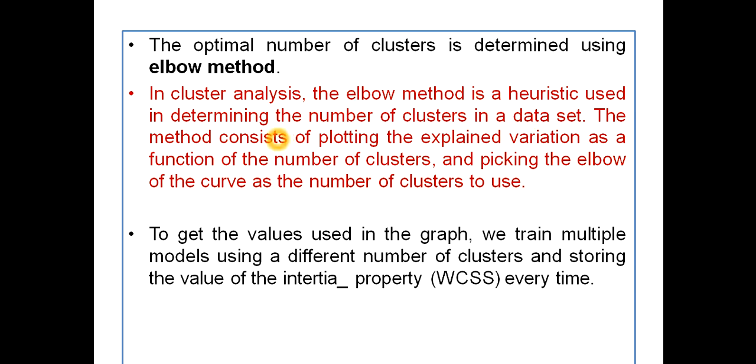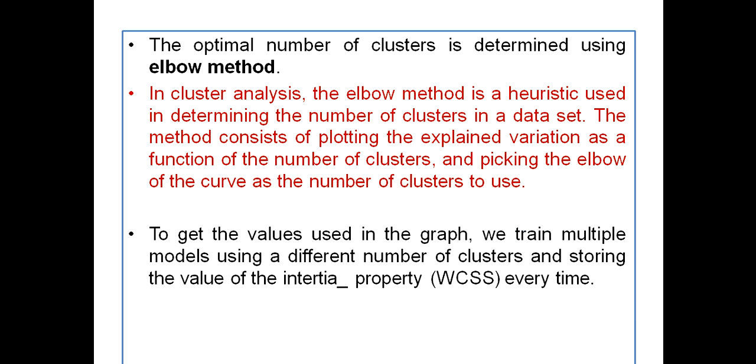This method consists of plotting the explained variation as a function of the number of clusters and picking the elbow of the curve as the number of clusters to use. I hope you all know what an elbow is. In our ancient times also, we would use the elbow to measure some exact feet or exact distance like that.